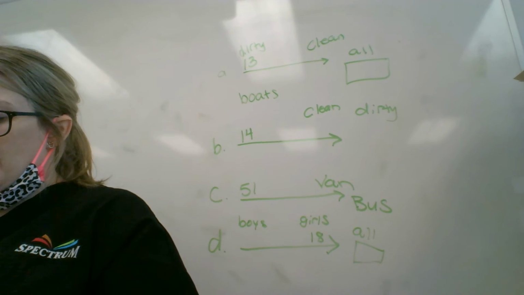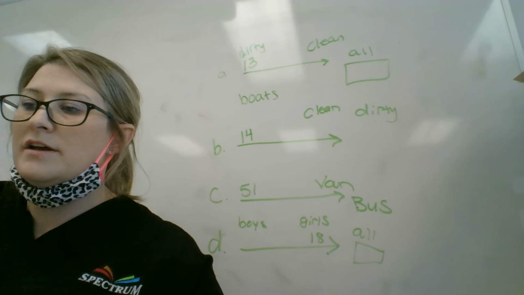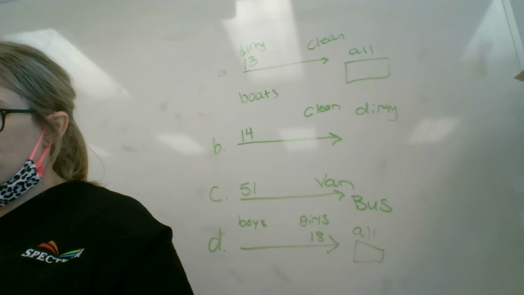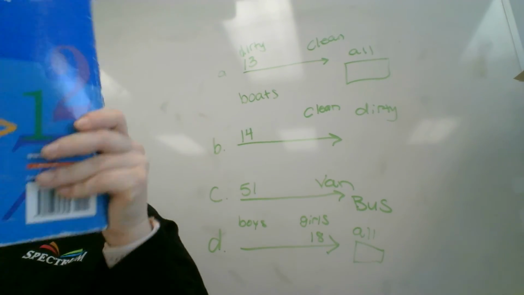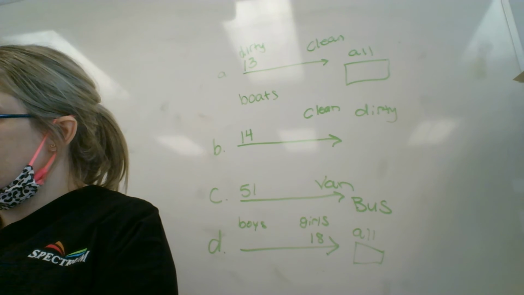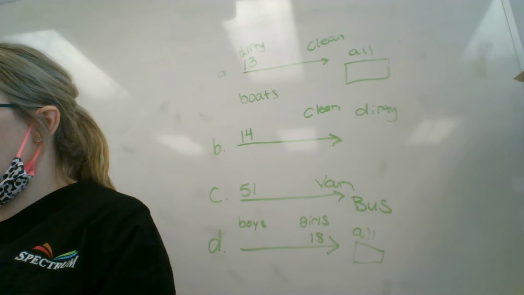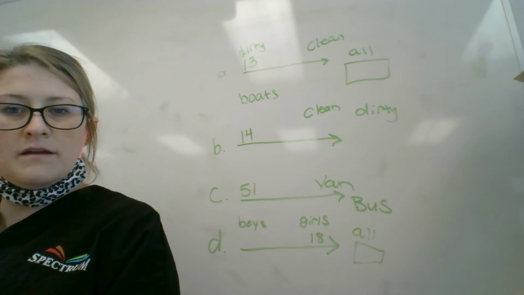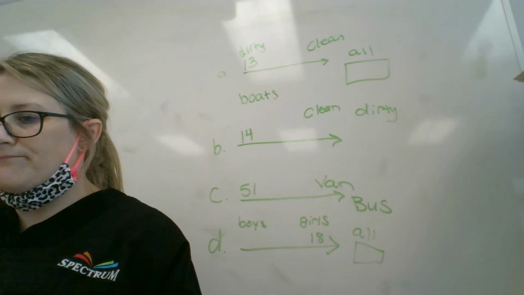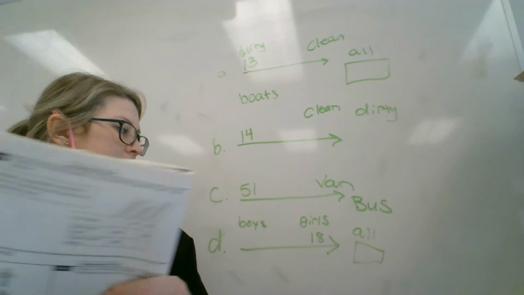Let's see. So that is it for the textbook. You're going to do the independent work in there whenever you're finished. We are going to, however, open to the workbook. Lesson 33. All right.